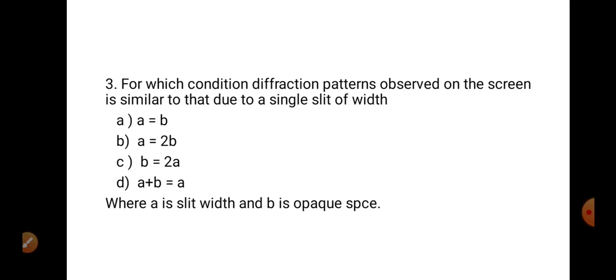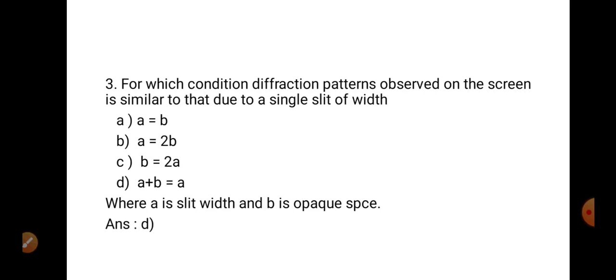Third one: for which condition is the diffraction pattern observed on the screen similar to that due to a single slit of width 2a? First option, a is equal to b; second option, a is equal to 2b; third option, b is equal to 2a; fourth option, a plus b is equal to a.